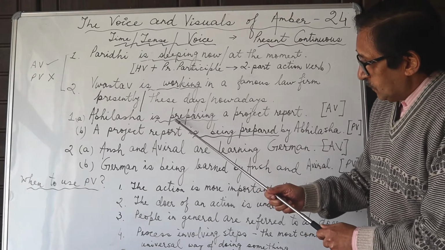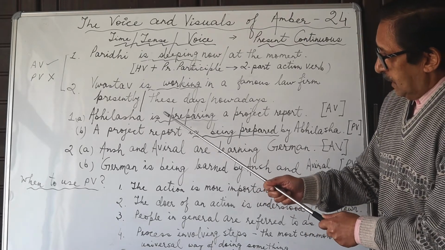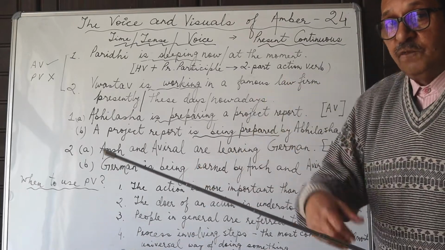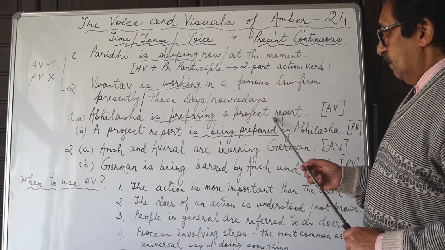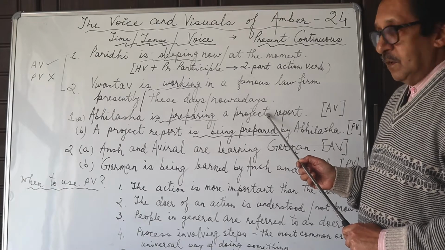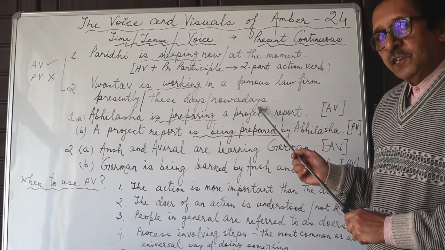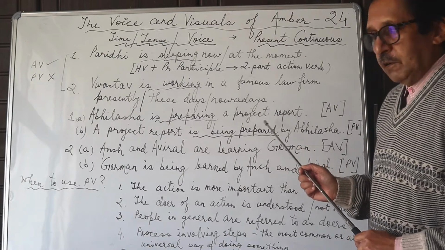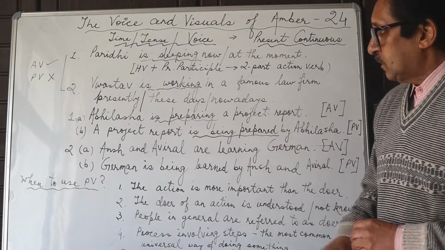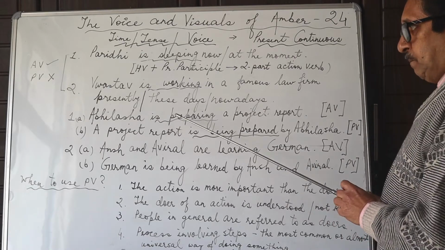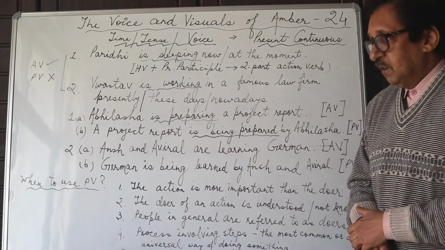So the action of preparing has a result, and that is a project report. So the action is affecting something, that is project report. So project report is the object of the action verb is preparing. So is preparing is a transitive verb.